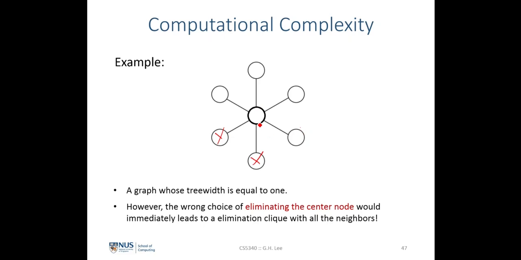If we view this as a tree, where this is the root, we'll eliminate via all the leaves until we reach the one that is in the center. However, a wrong choice, by starting off the elimination in the center of the graph, will immediately lead to a dense connection between all the other remaining nodes in the graph. And this would lead to a high computational complexity.